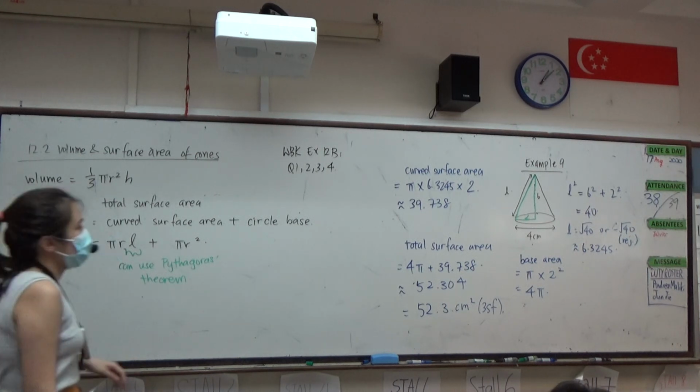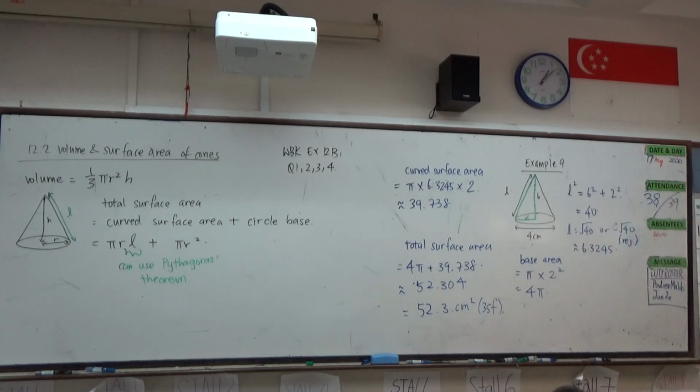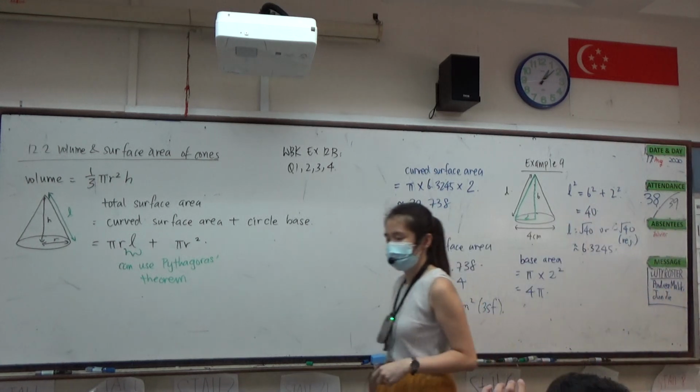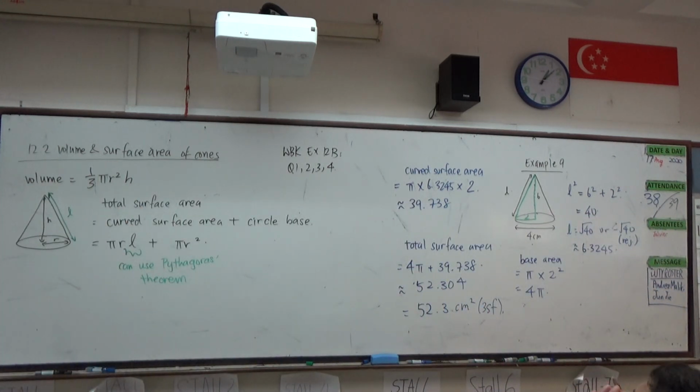What's on your calculator? 8 squared. Okay, 1, 2, 3. 64.